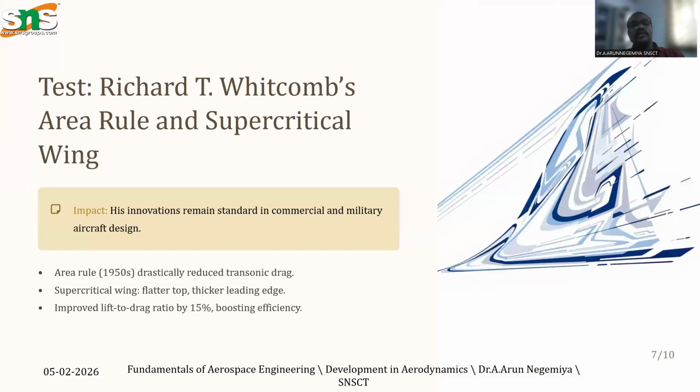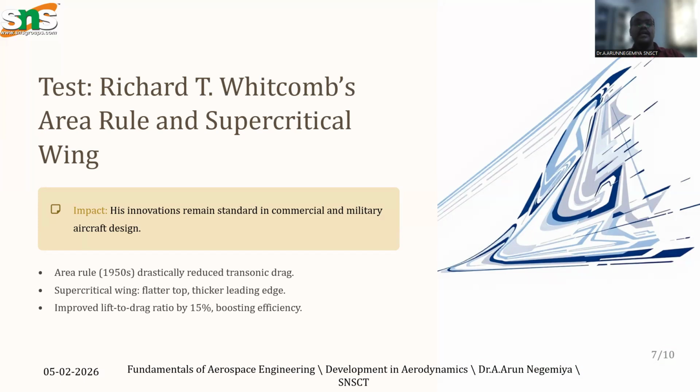In that rule, they drastically reduced the transonic drag. With the formation of transonic drag, the lift is reduced. If the lift is reduced, the aircraft will fly in a low range.